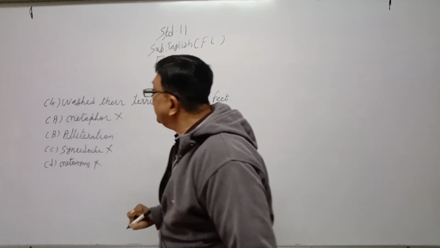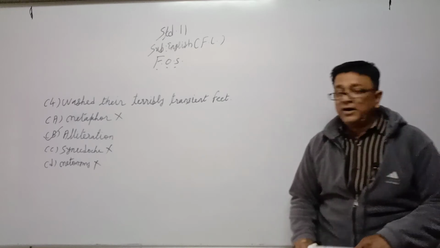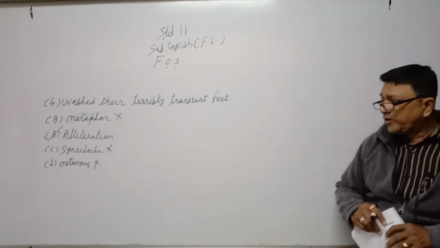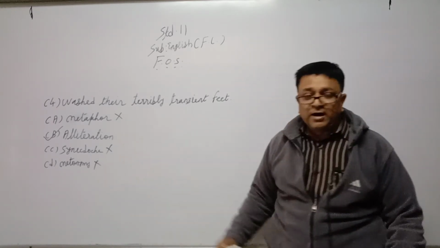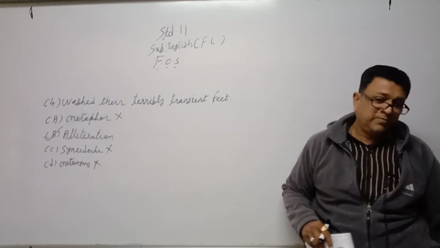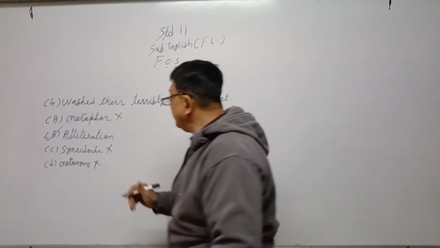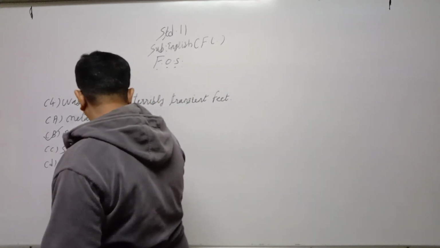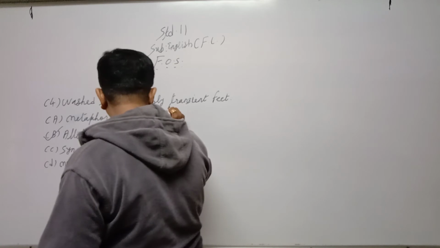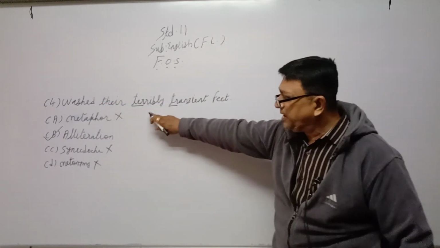So the right answer is alliteration. What means alliteration? Alliteration means repetition of sound. So here transient and terribly, T is repeated.